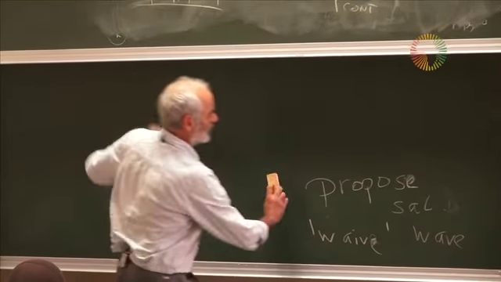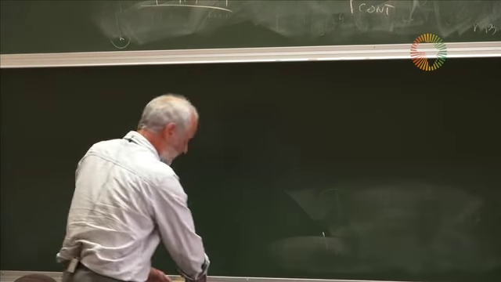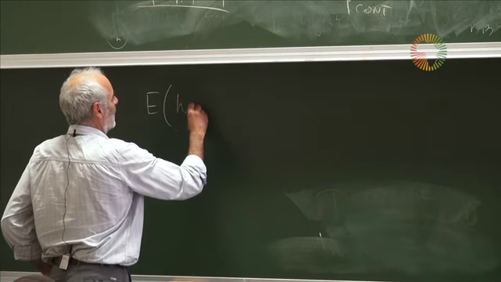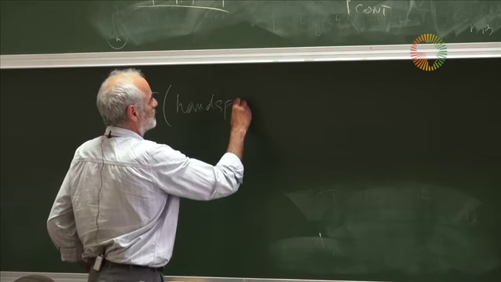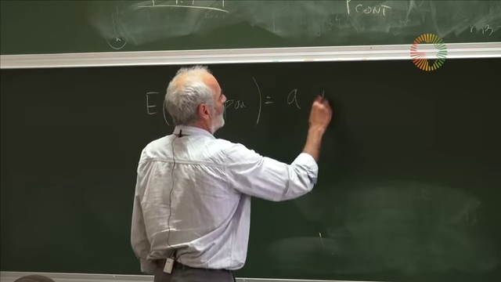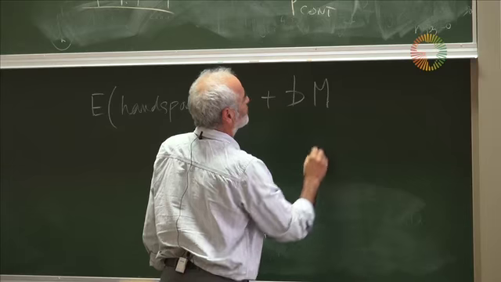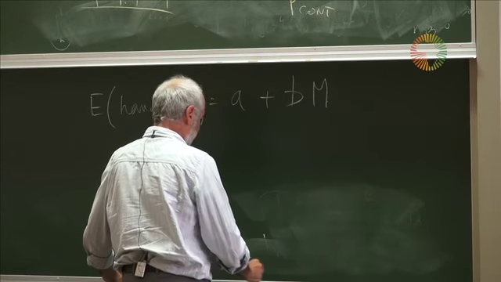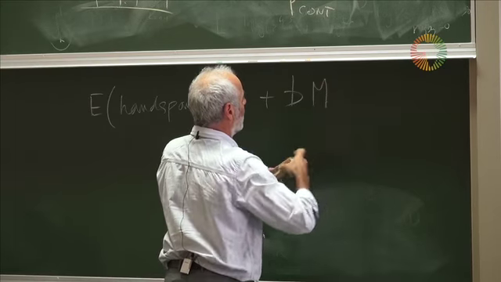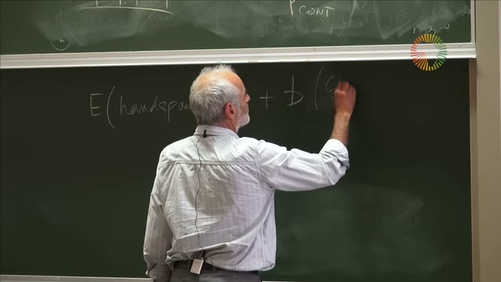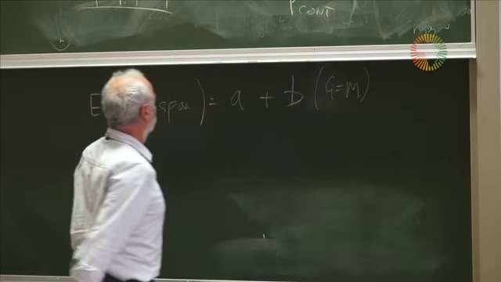Then we'd estimate the expectation of handspan equals A plus B times whether you're male or not. So I could write that as an indicator function: gender equals male.